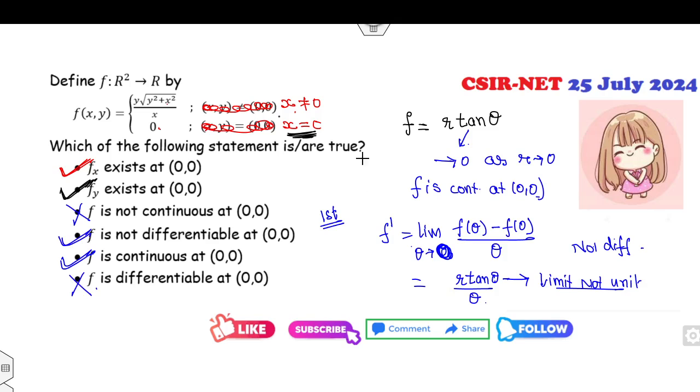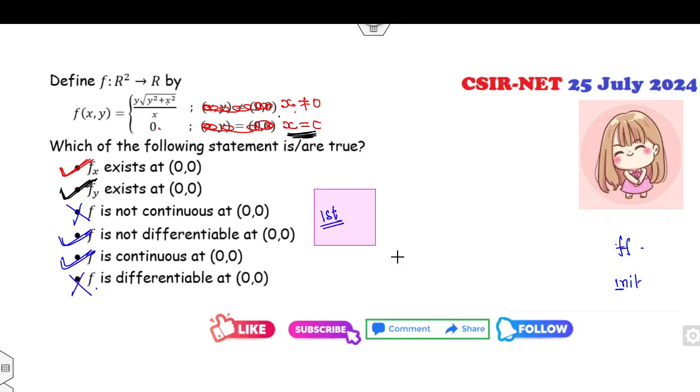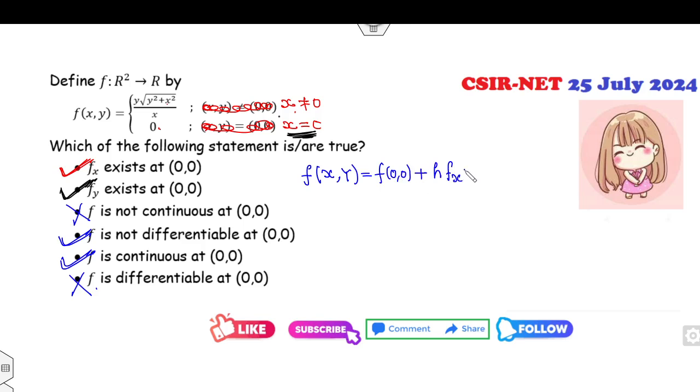Otherwise, the second method is, if instead of polar coordinates you use the function of several variables, what is given to you, f(x,y) equals f(0,0) plus h into partial derivative with respect to x plus k into partial derivative with respect to y plus square root of h square plus k square times a function phi of h and k.